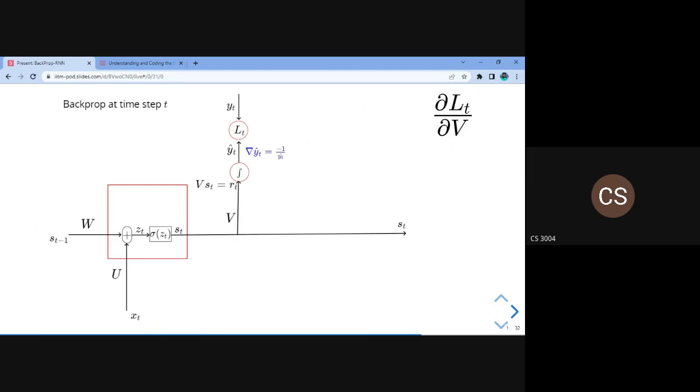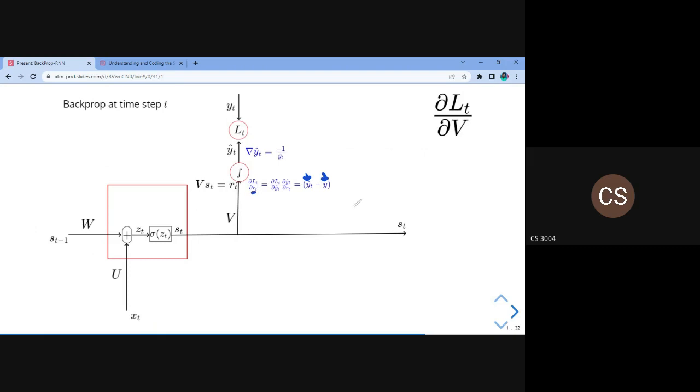This is true even in a feed-forward neural network. If this is a softmax, then you simply take the prediction and subtract it from the true label. That is the gradient for the softmax. So now I have dou LT by dou RT.